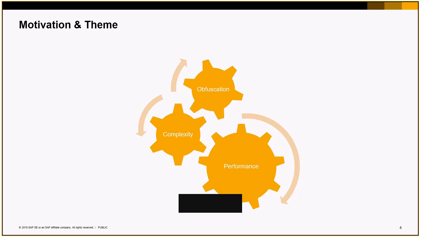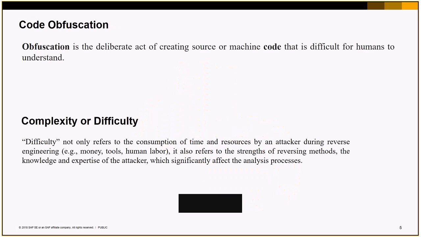The main motivation and idea is to understand the relation between obfuscation, code complexity, and performance. So you see these interlocked gears representing how these three concepts are interrelated. We all were introduced to code obfuscation in one of our assignments.